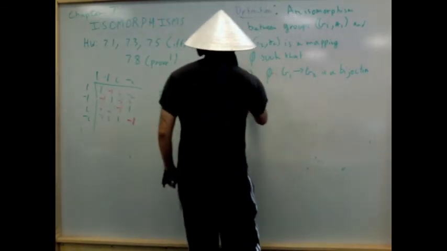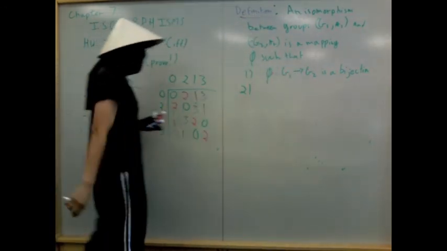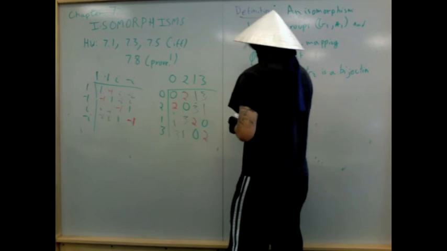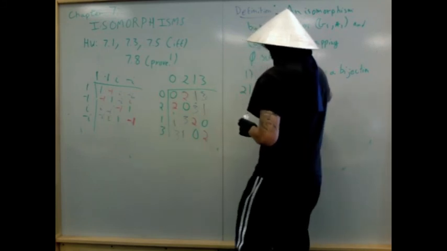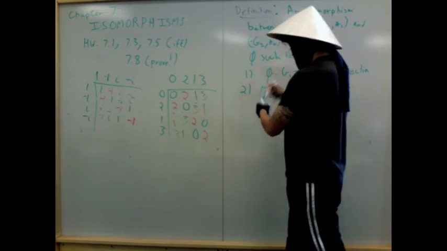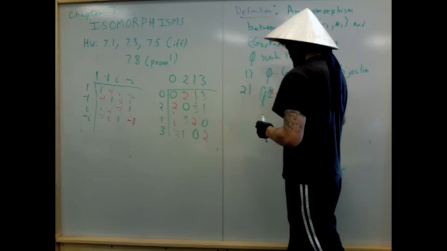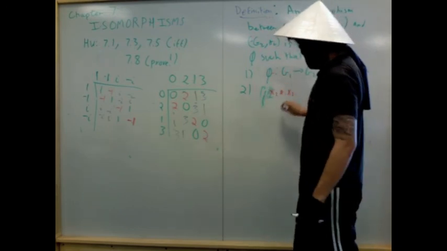And 2, I want the same multiplication property. When I take two things in the first group, x1 times x2, that is the first multiplication.